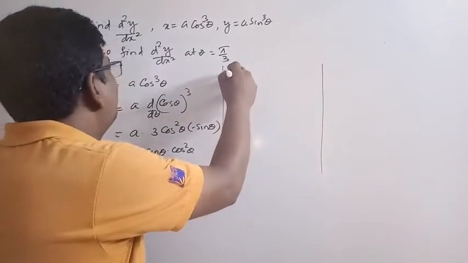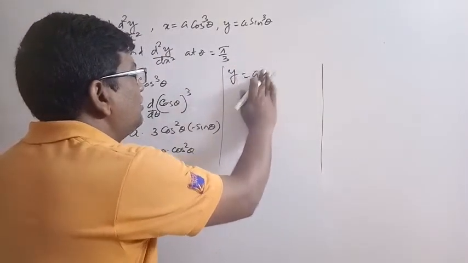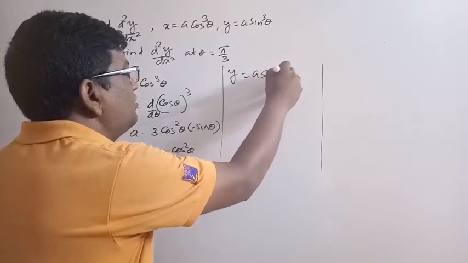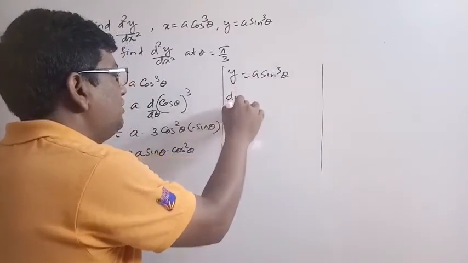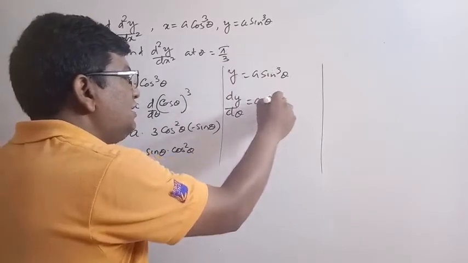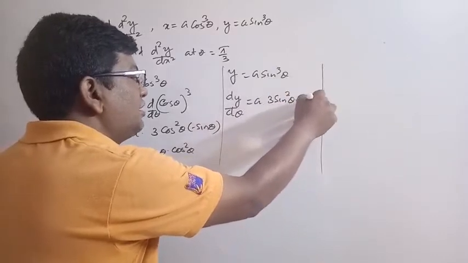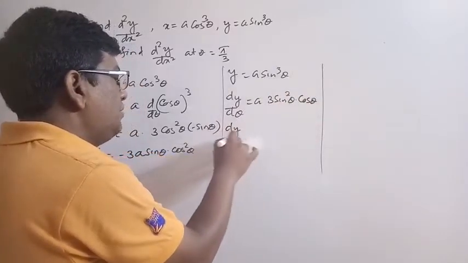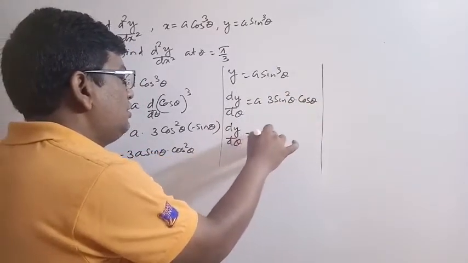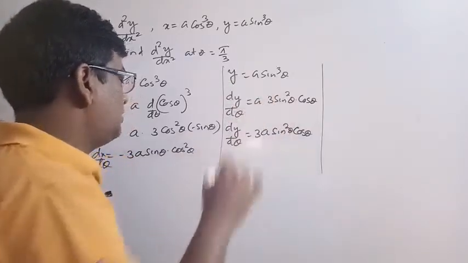So y is equal to a sin³θ. Similarly dy/dθ, a constant, sin³ means 3 sin²θ into the derivative of sin θ, which is cos θ. Clear? So dy/dθ is equal to 3a sin²θ cos θ.